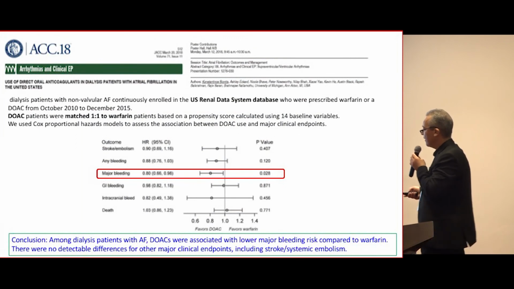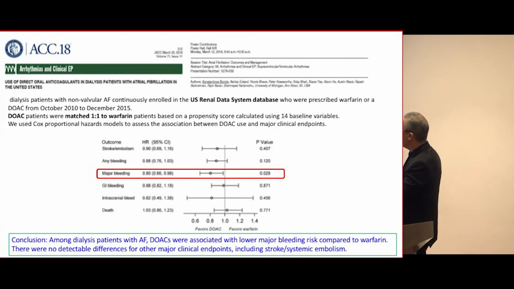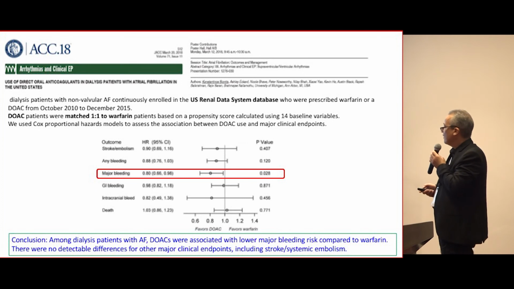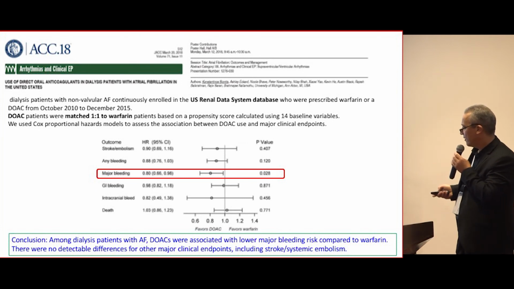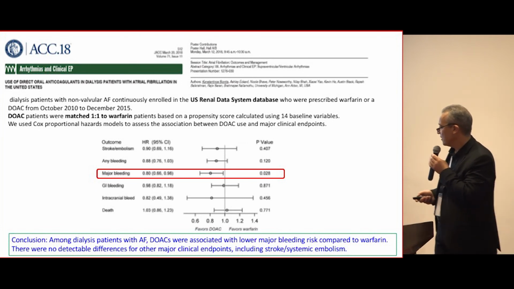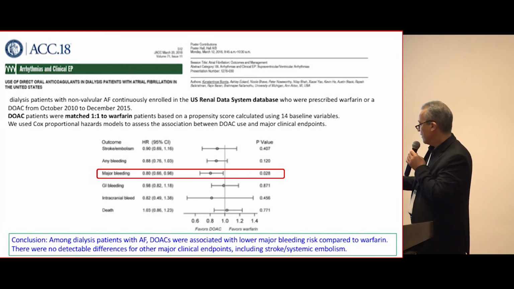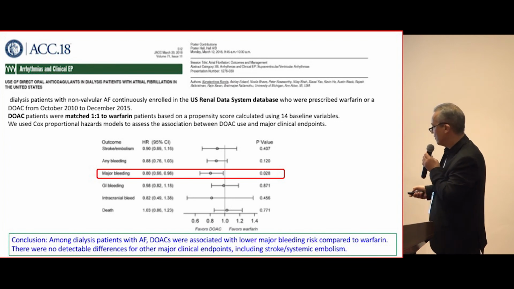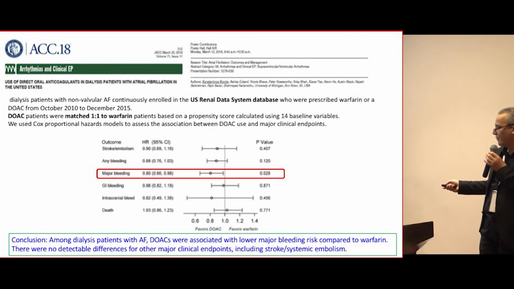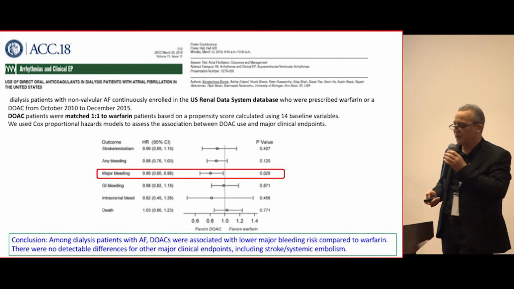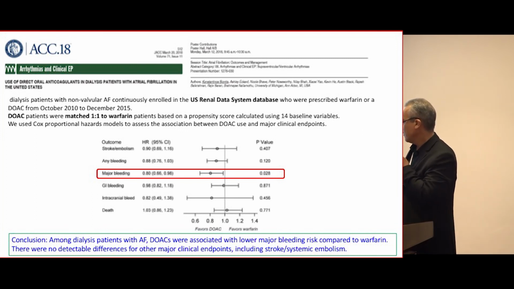When we look at apixaban in the US Renal Data System, and we look at major bleeding, we see that with the direct oral anticoagulant, compared to warfarin, there is a benefit for this direct oral anticoagulant, meaning apixaban.